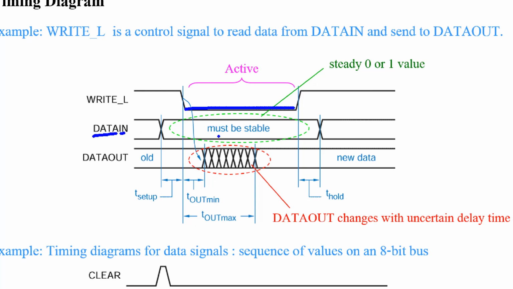That means during this period the data input must be stable. Namely, data input may be 1 or maybe 0, right? So you just write with this style to show that it's constant, a constant logic level, maybe high or maybe low.